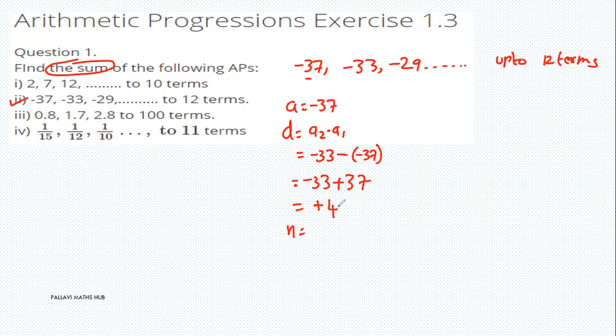Next, N is equal to up to 12 terms. Then the value of N is 12. Find out S12 is equal to question mark. So this is the given thing.